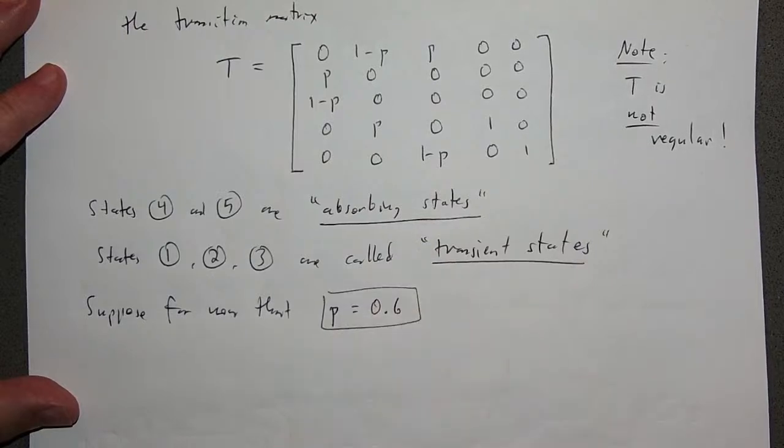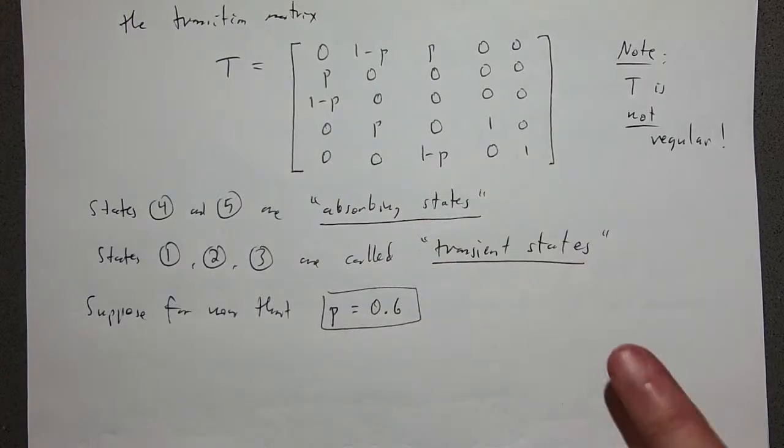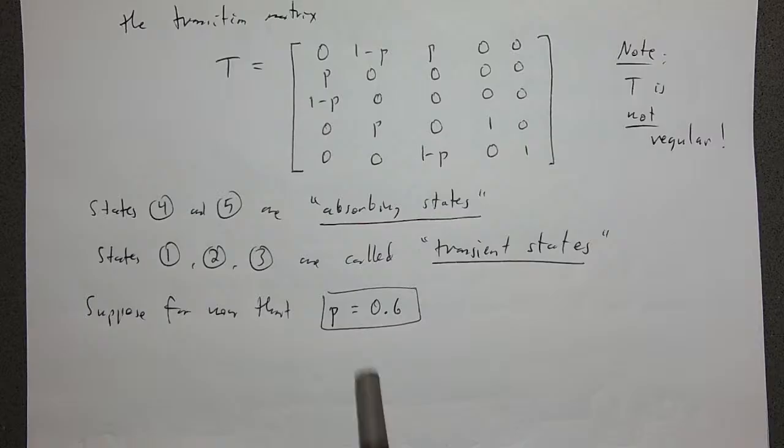Remember, little p is the probability that A scores at any given time. So this is a 60% chance for A to score at any given time.